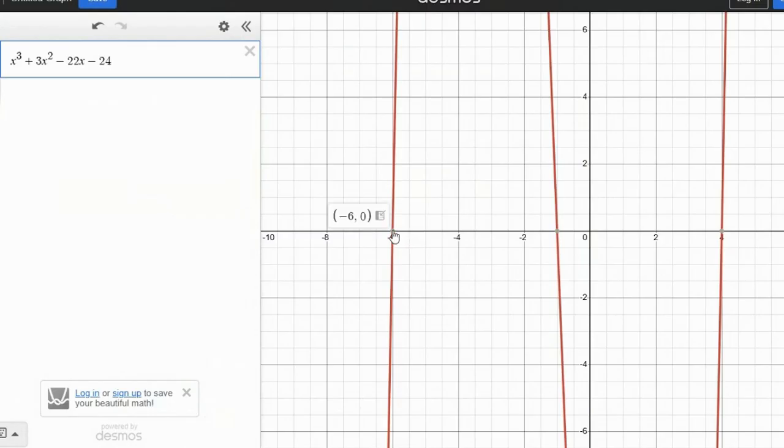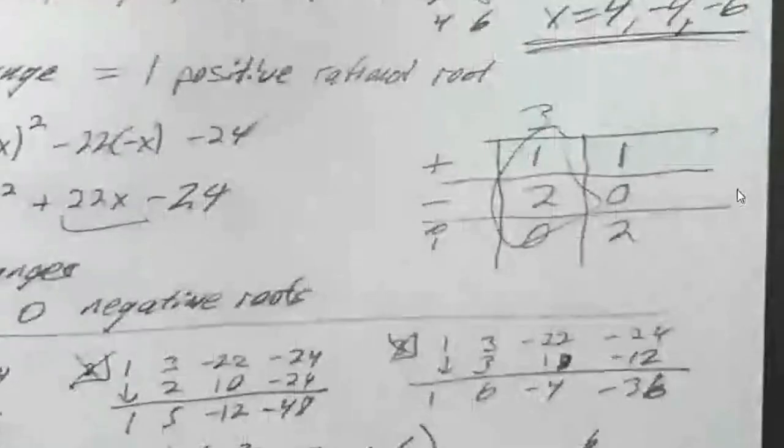If we look at the zeros, the places where it crosses the x-axis, we get those same three solutions that we found algebraically: a solution at negative 6, at negative 1, and at 4.